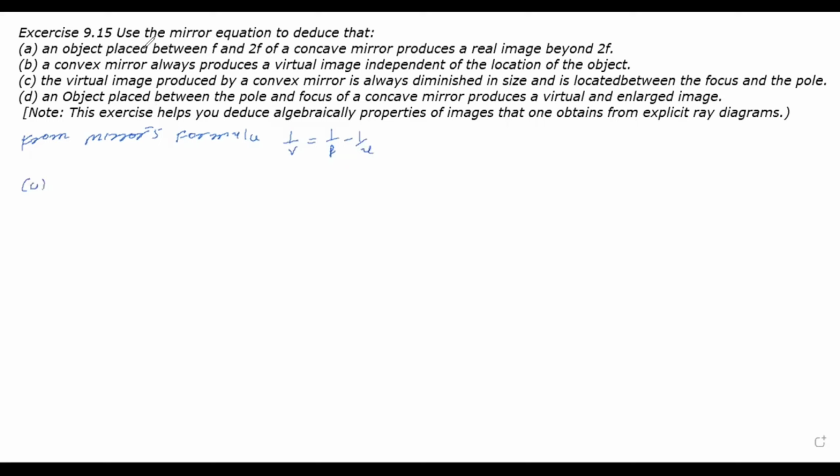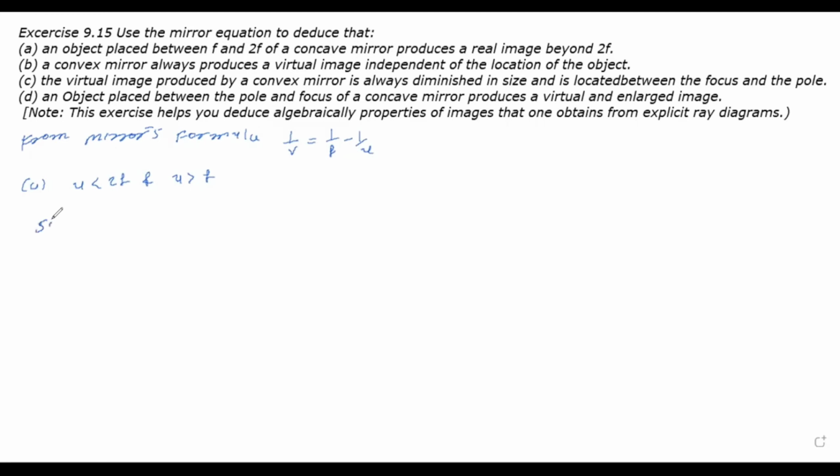Here it is given that the object is placed between f and 2f of a concave mirror. So u is less than 2f and u is also greater than f, because it is placed between the principal focus and the radius of curvature.